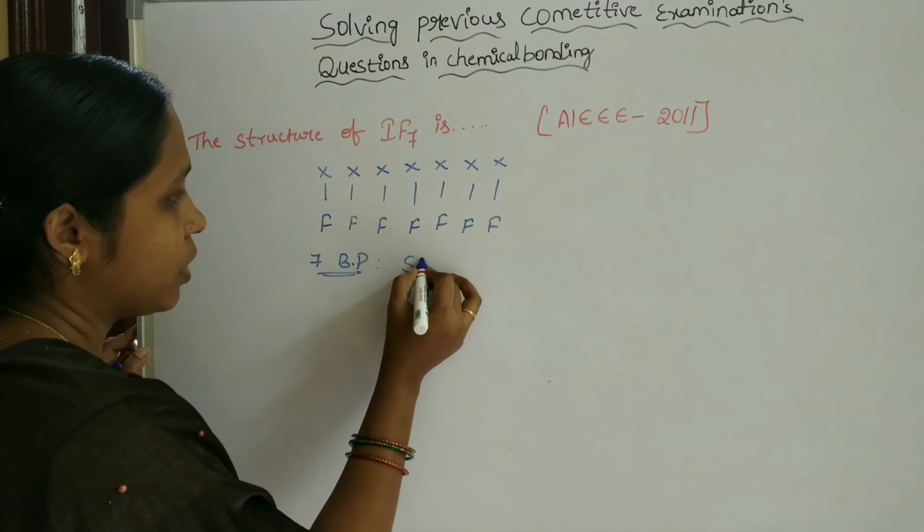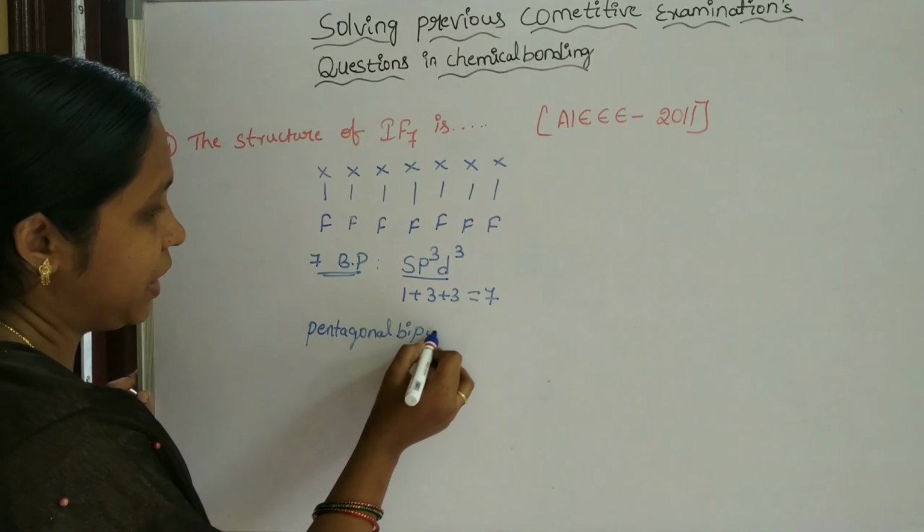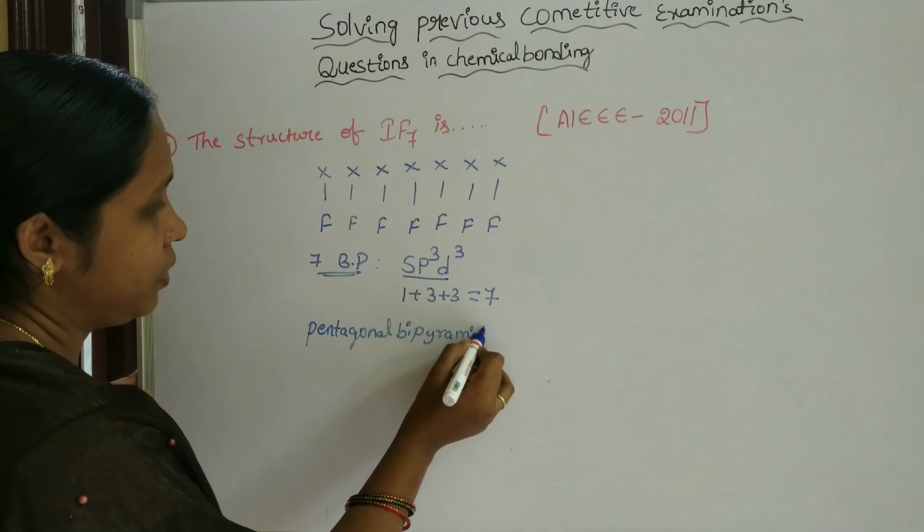7 bond pairs means sp3d3: 1 s plus 3 p plus 3 d, so 3 plus 3 plus 1 is 7. So 7 bond pairs gives sp3d3 hybridization, which means the shape is pentagonal bipyramidal.